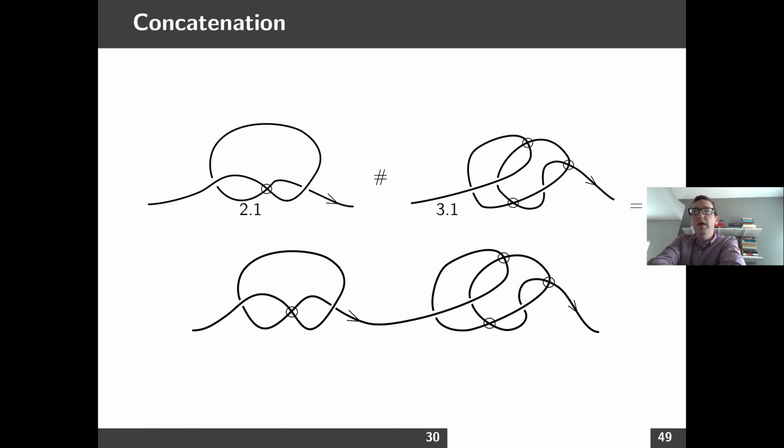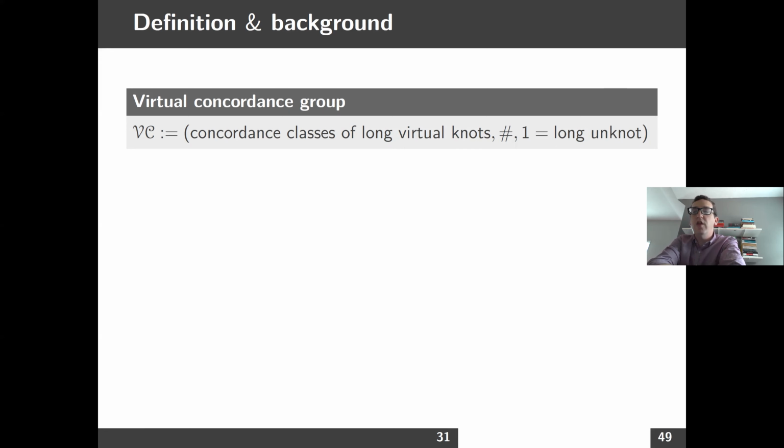So 2.1 concatenated with 3.1 looks like the diagram on the bottom of the screen. Okay, so you can define this virtual concordance group, same definition of concordance used for the round case. We have that the elements are concordance classes of long virtual knots. The operation is concatenation, and then the long unknot is the unit.